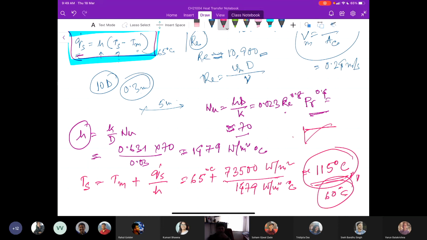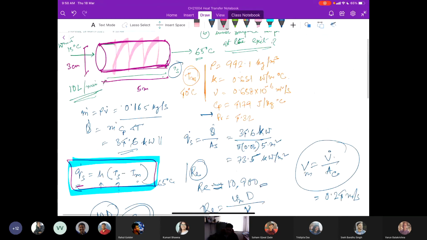So tell me now, based on your understanding of the theory, how would this temperature difference vary in the fully developed region? Here we have 65 degrees centigrade and the TS is 115 degrees centigrade.